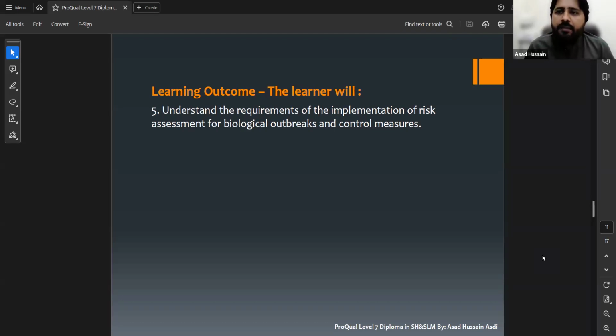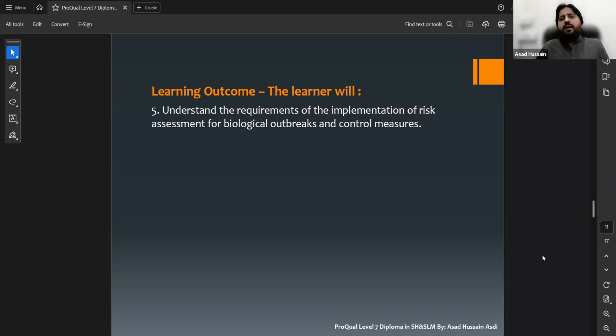So basically, in different workplaces, there is a chance of different types of biological outbreaks, like ergonomic issues, like other issues. Biological outbreaks are a big issue in different circumstances on any workplace.